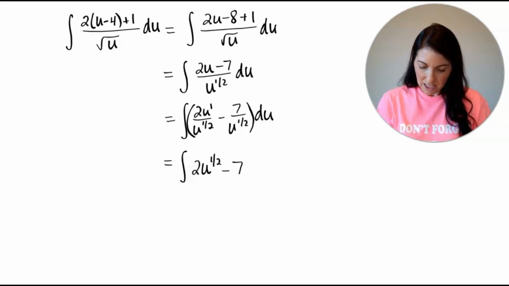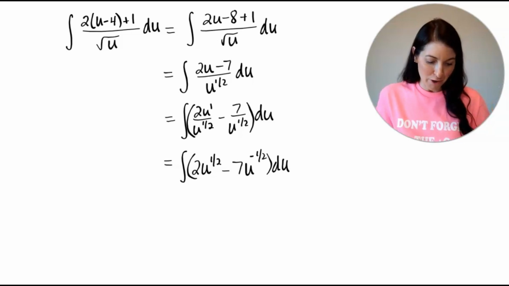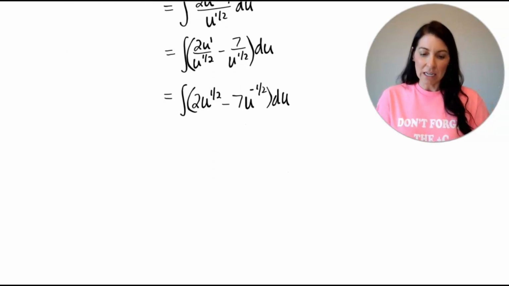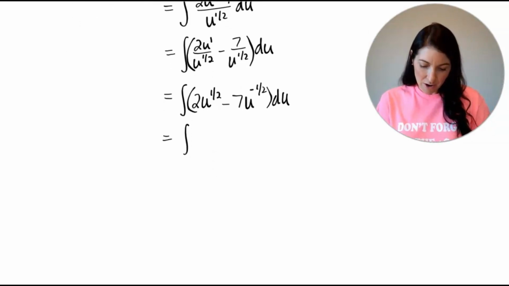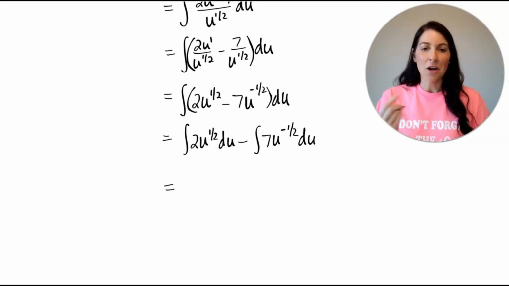And then this one can be written as minus 7u to the negative 1/2 using our exponent properties du. All right, now we can use the power rule for integrals. We can add 1 and divide. And if it makes you feel better, we can even do this properly and split up this integral into 2 integrals here. All right, now let's go ahead and add 1 and divide.